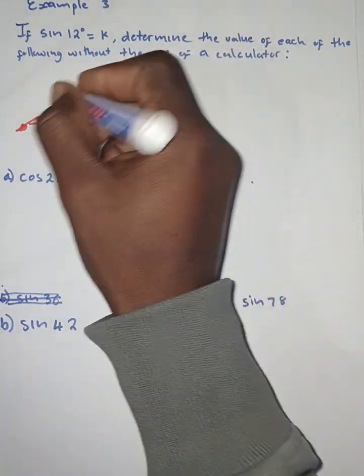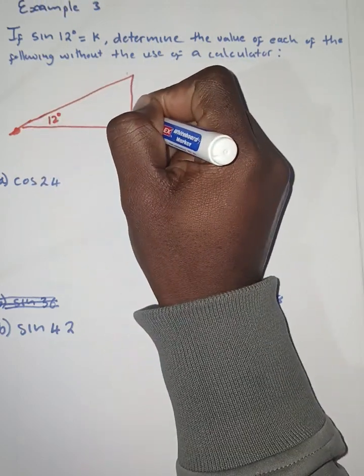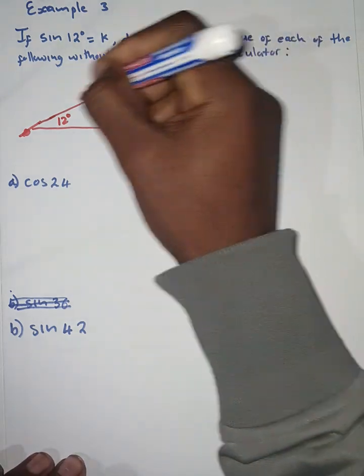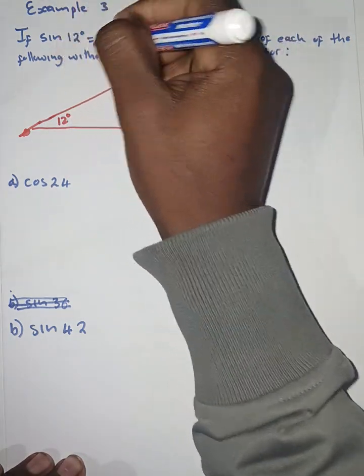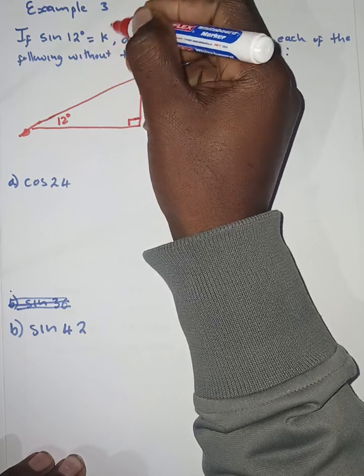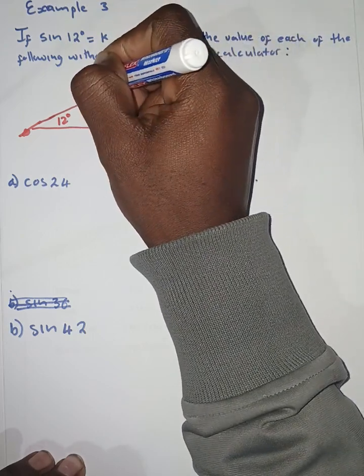So what we have here is 12 degrees, and this would be 90 there. They say sine of 12 is equal to k, so we know that is a fraction: k divided by 1. In this case, the hypotenuse would be 1.